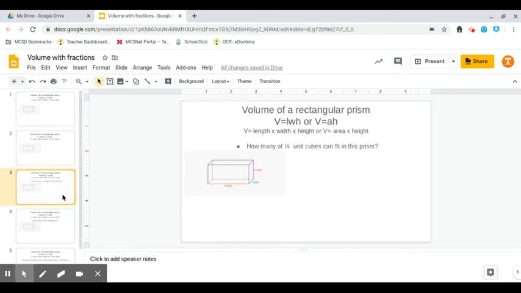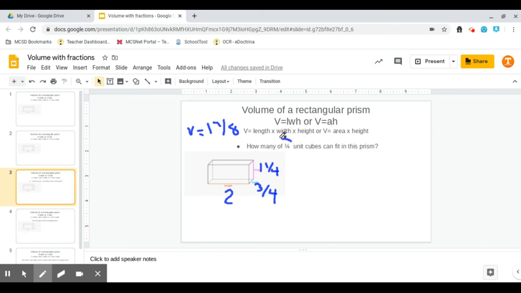Okay. Now, using the same problem we did in the first one, we had this as 2. This was 3/4. And this was 1 and 1/4 as my height. Okay, so we found out the volume of this was, from the first one, 1 and 7/8, I believe. Okay, but now I don't want to find the volume.